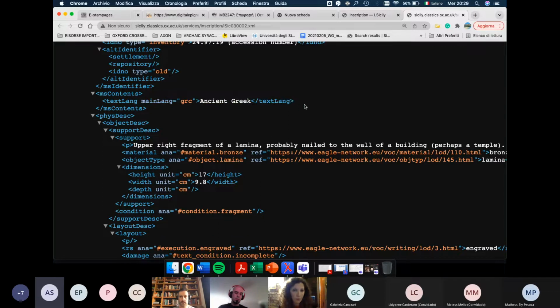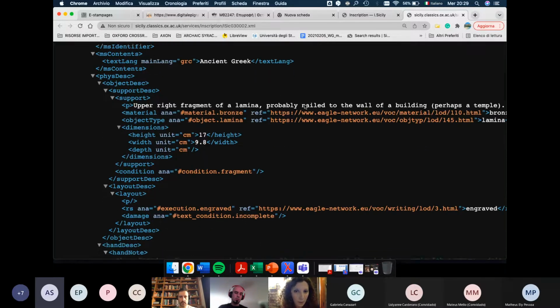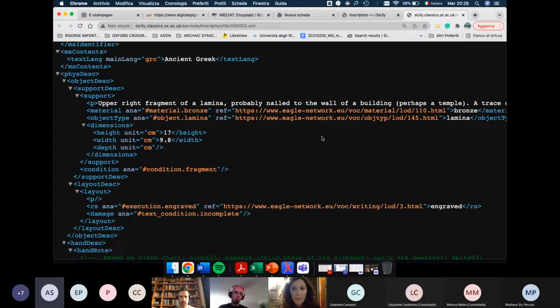So the structure, as you can see, is very similar to a normal epigraphical one. But the difference is that when you add one piece of information, you also have to add the correct reference to it. For example, you can say that it is a lamina, so in bronze, the one on which there is the inscription.